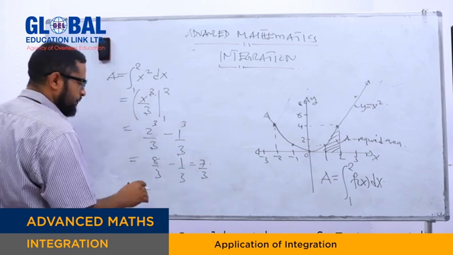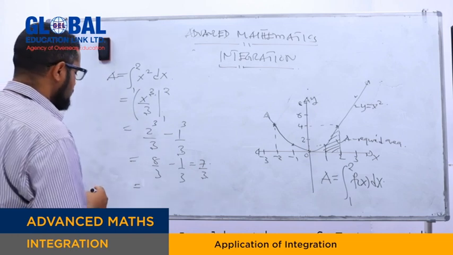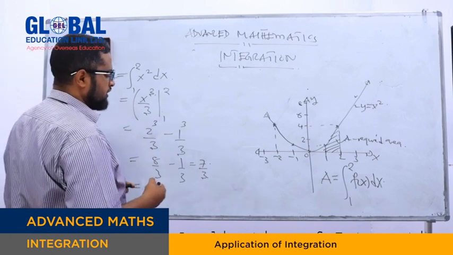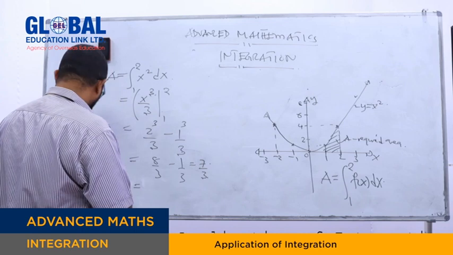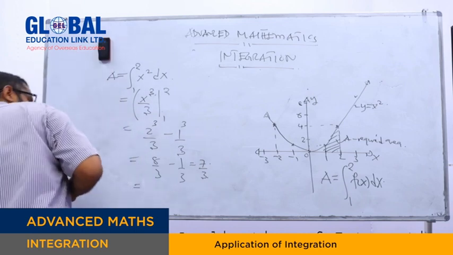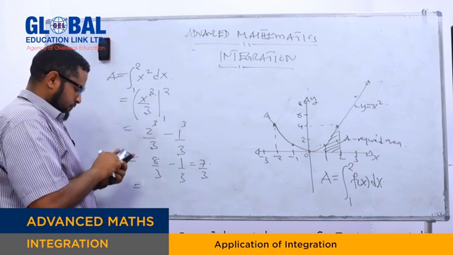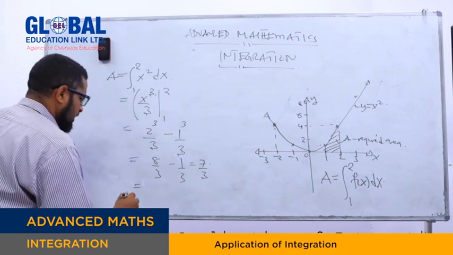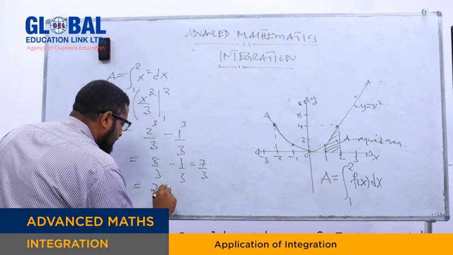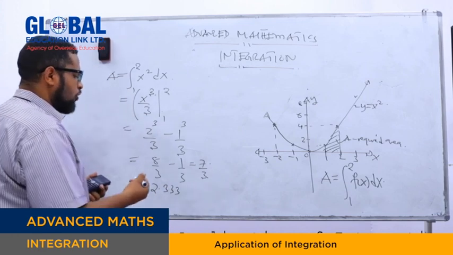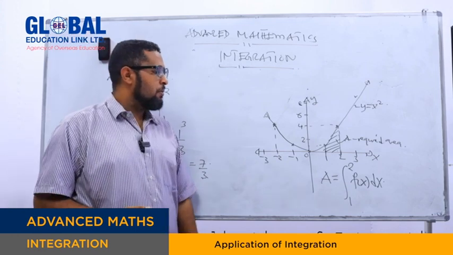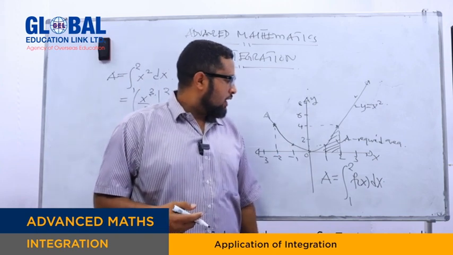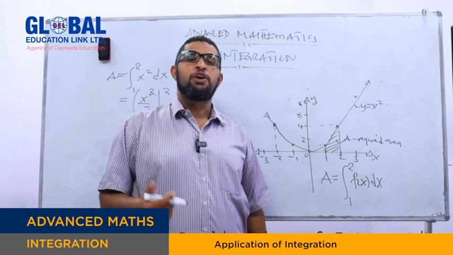So from there, you can use your calculator to simplify and leave your answer in decimal places. Seven divided by 3, so we'll get 2.333. But how do I write it? Because I remember area is measured in square units.